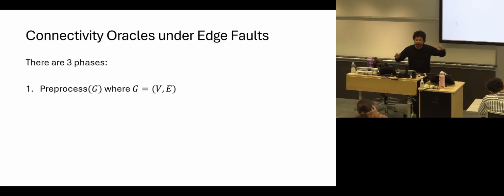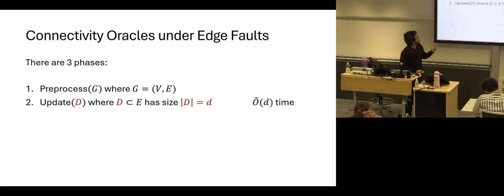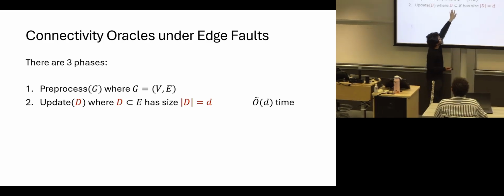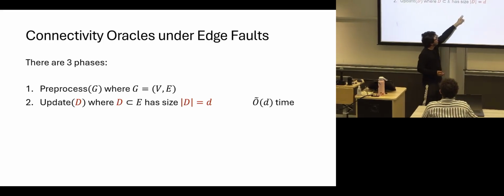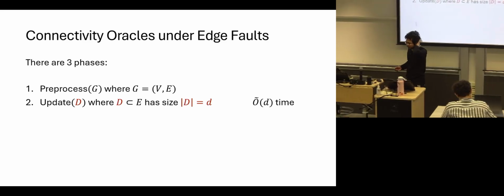Just pre-process the graph and build some good data structure on this graph, so that next, there will be an update D. Think of D here not as a demand, but as a set of deleted edges. D is an edge set that has D edges.